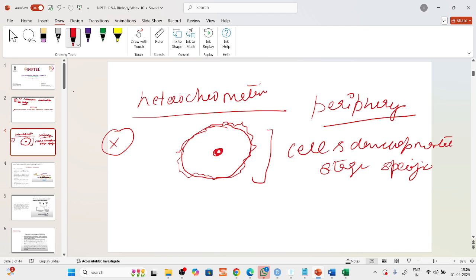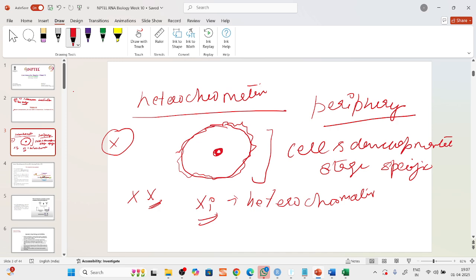So here when we are talking about the process of dosage compensation, there are two X chromosomes in females. One of the X chromosomes which is inactivated, we call it XI. XI means inactivated X chromosome. It is present as heterochromatin and it is present in the periphery of the nucleus. Periphery of the nucleus, why?